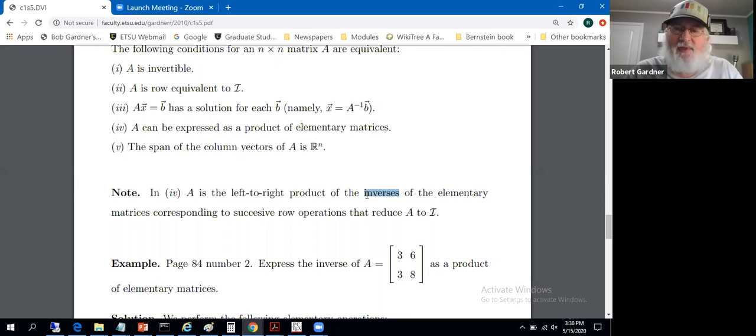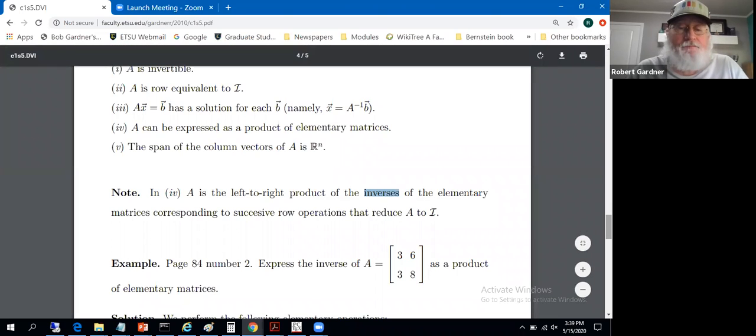Let's do an example to illustrate what's going on. The thing is, we've got matrix A, we've got a bunch of elementary matrices, we've got the identity matrix. Somewhere in there is the inverse of matrix A if it's invertible. And the inverse of matrix A is related to the inverses of a bunch of elementary matrices. All right, so let's see what we got.